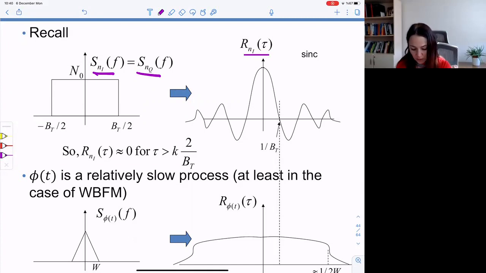Okay. Now, how about the bandwidth? As you know, there's a duality between frequency and time. Bt over 2, which is the end of the passband here, the end of the bandwidth here, corresponds to the 0 crossing of the sinc pulse here.